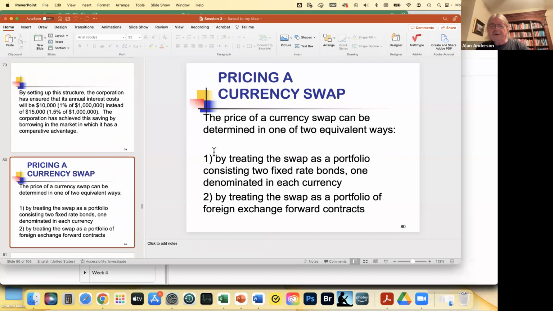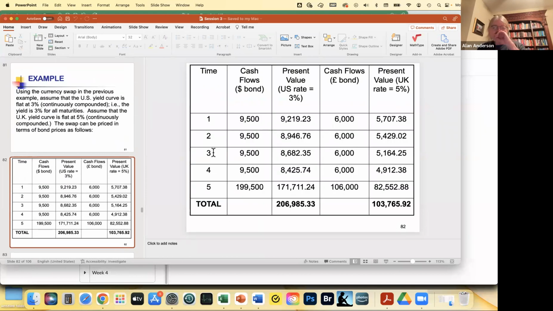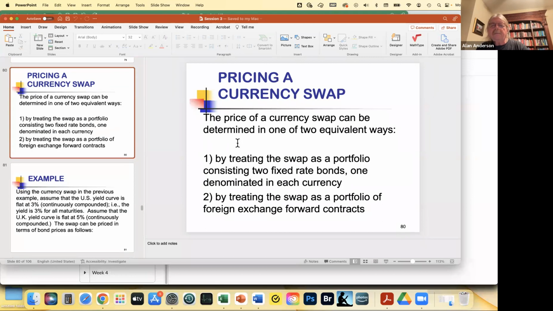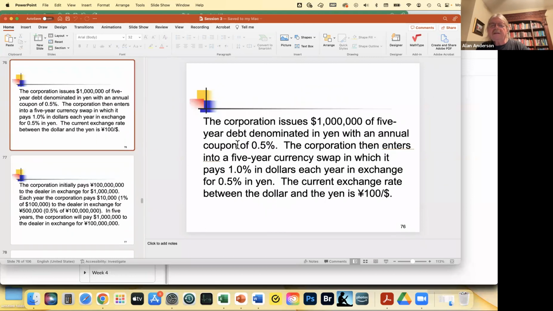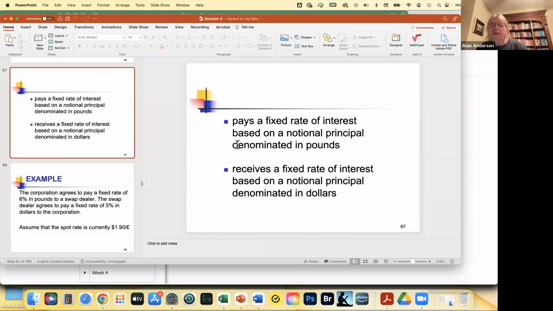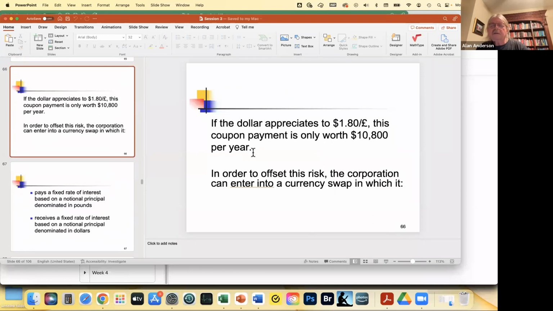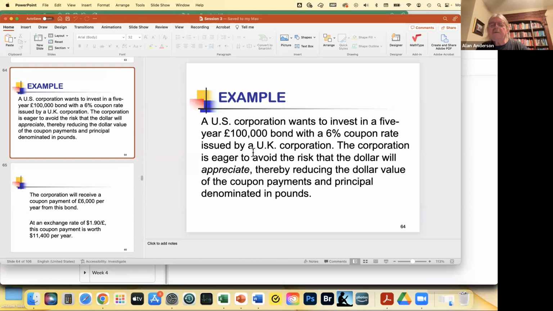Now, the pricing, as we've already started to discuss, we can treat as an exchange of two bonds, a dollar bond for a pound bond. And if we do that, this US corporation, let's go back to that example, is entering into a foreign exchange swap. Remember, the US corporation wants to buy this British pound bond without exposing themselves to any foreign exchange risk.